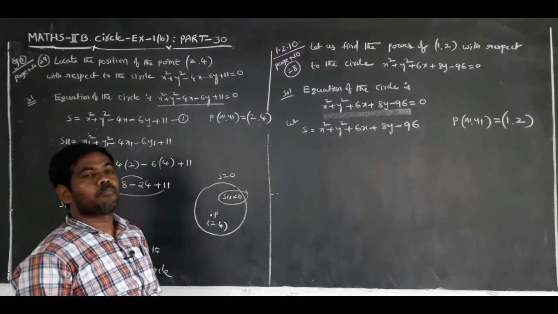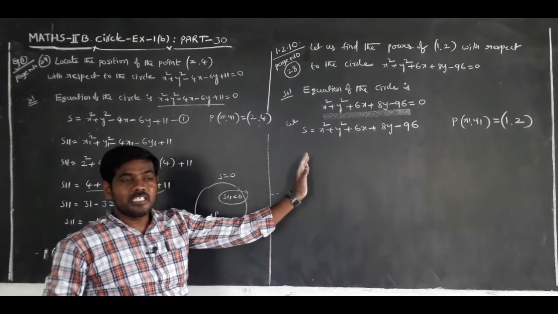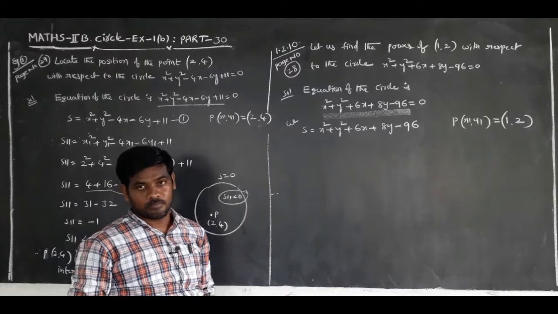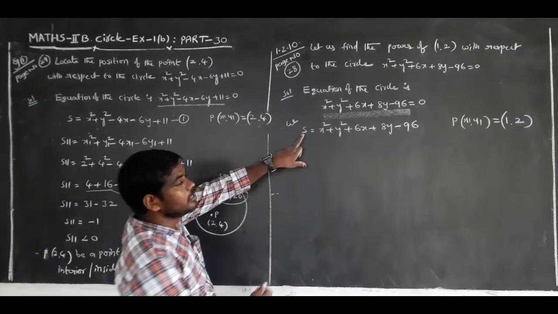The power of a point P(x1, y1) with respect to the circle S is S11. Here also we find the value S11.